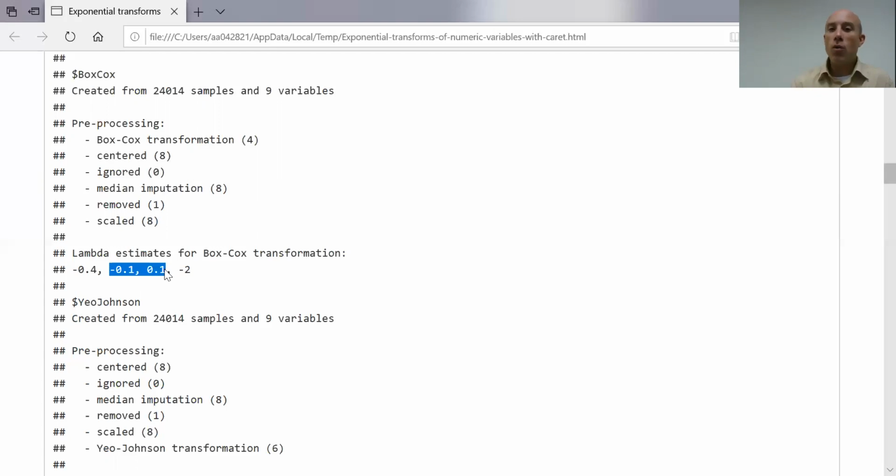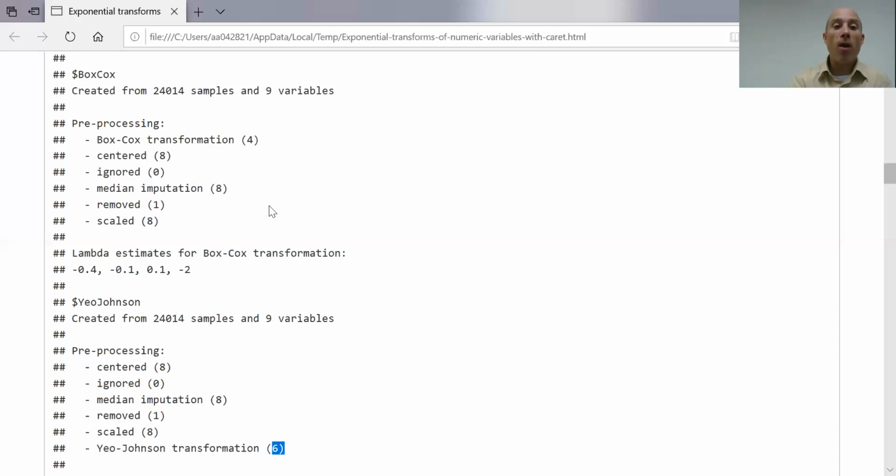Now, to know which 2 these are, I have to actually print out actual output from the Box-Cox function. Now for Yeo-Johnson, similar story, center 8, ignore 0, impute 8, remove 1, scaled 8, and then it's doing the Yeo-Johnson transformation on 6 variables.